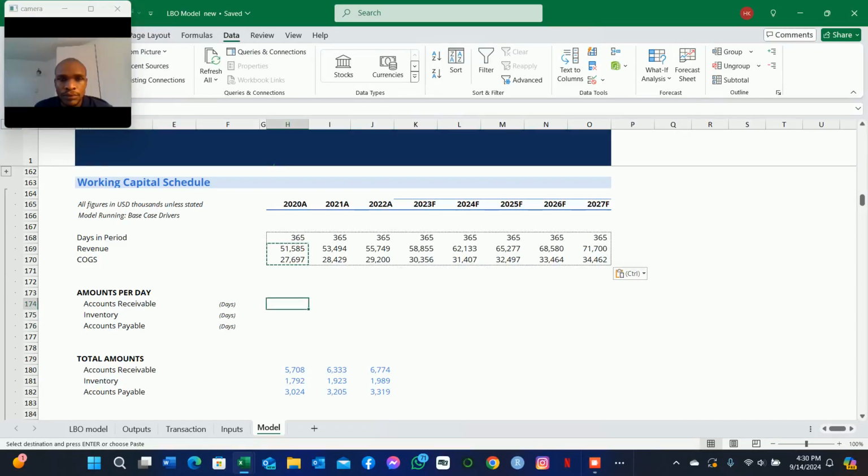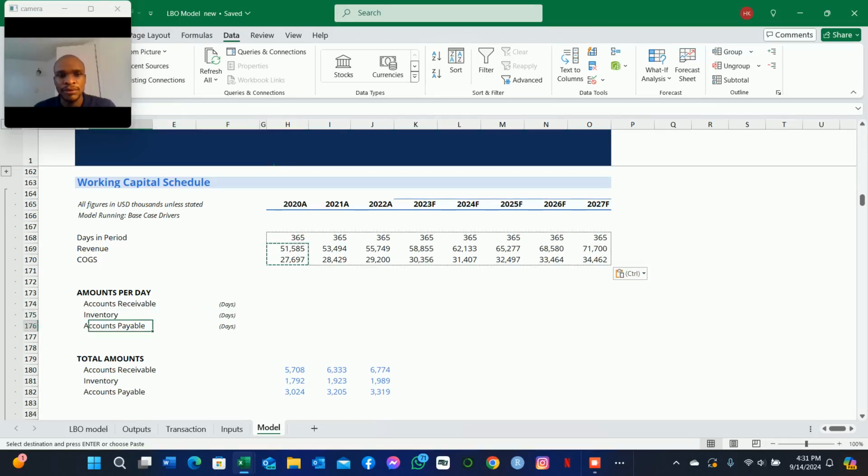So now we are ready to determine our working capital section. We already have it set up for us here. We have the base case for the accounts receivable, inventory, and accounts payable. On average, we have the total number of days we believe this company will collect its sales from its debtors.